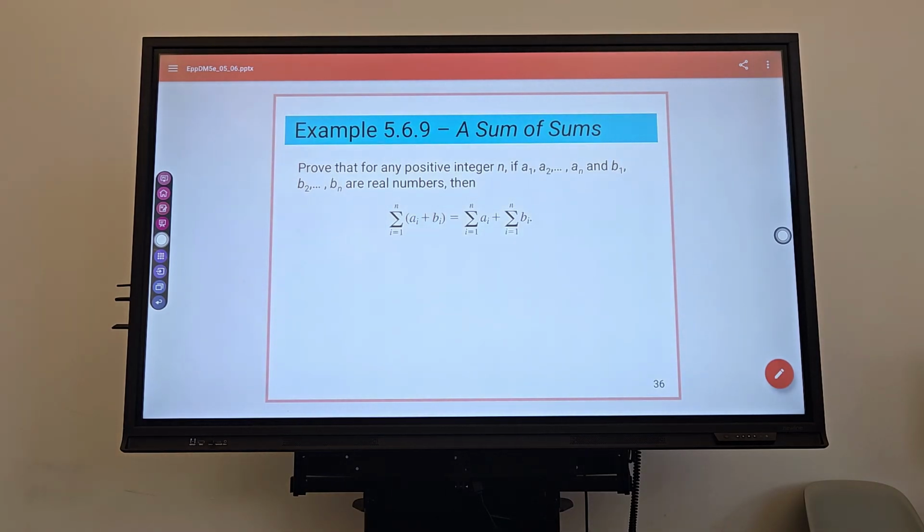Prove that for any positive integer n, if a is a sequence and b is a sequence of real numbers, then the summation of the 2 sequences is equal to the sum of the two summations of the sequences.